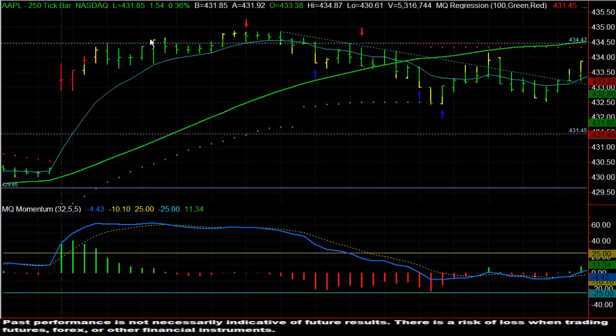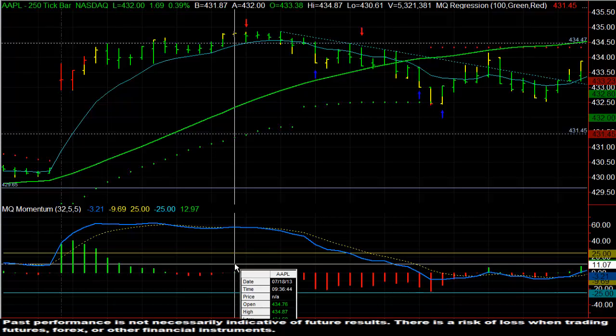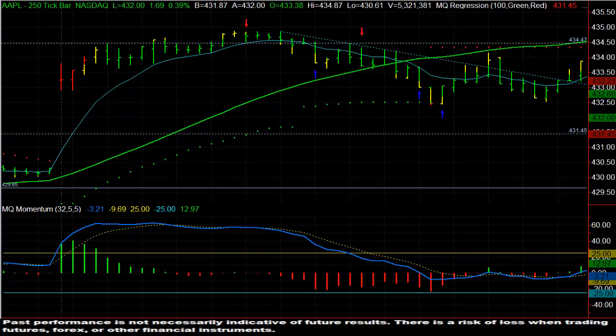Now the one thing is what we did was we actually took a position after we saw this golden doji formation here, and then we also saw that the histogram bars only reached this small green level here. Now in doing so, we purchased Delta 70 puts, and prices continued to go sideways.